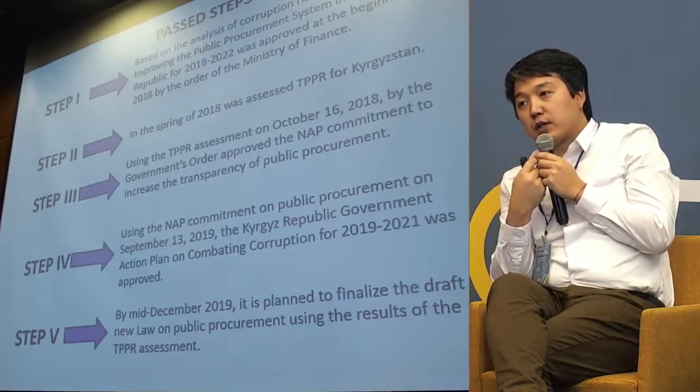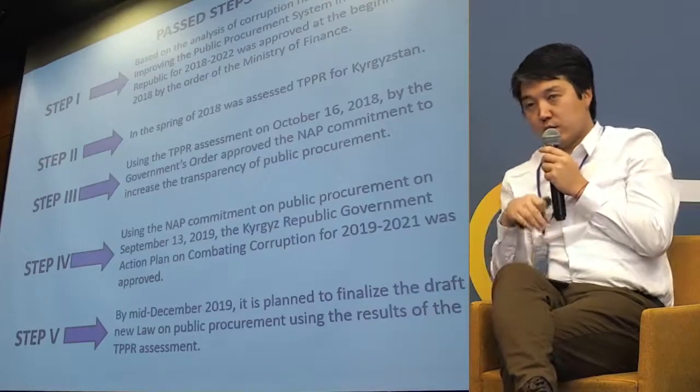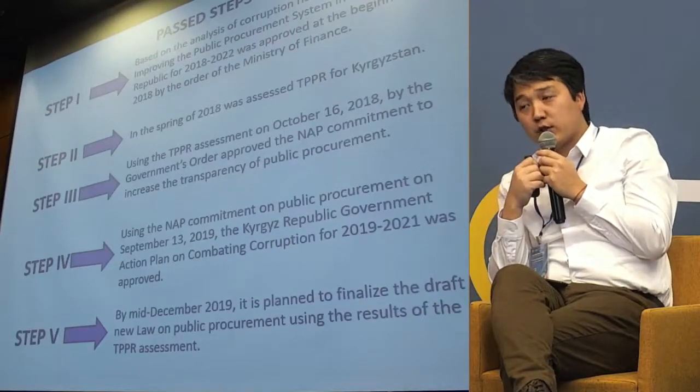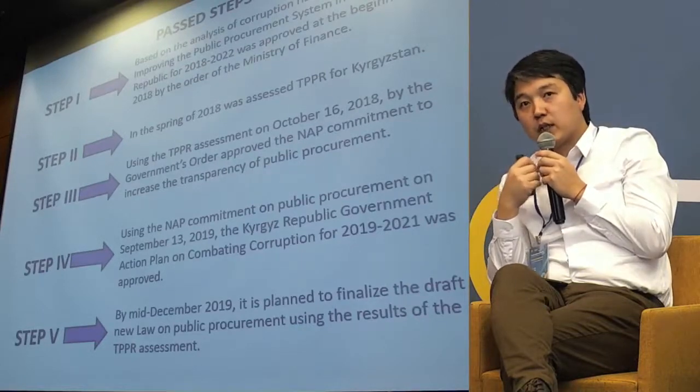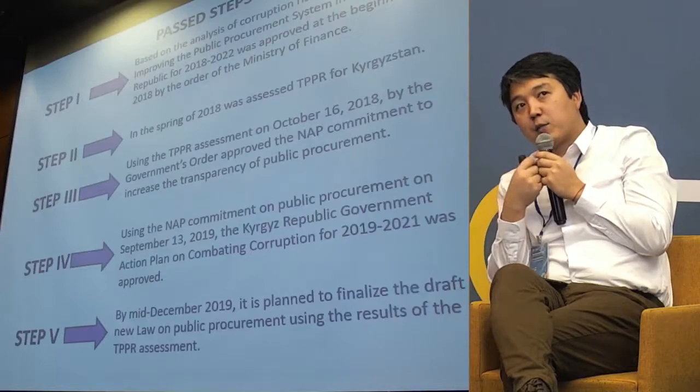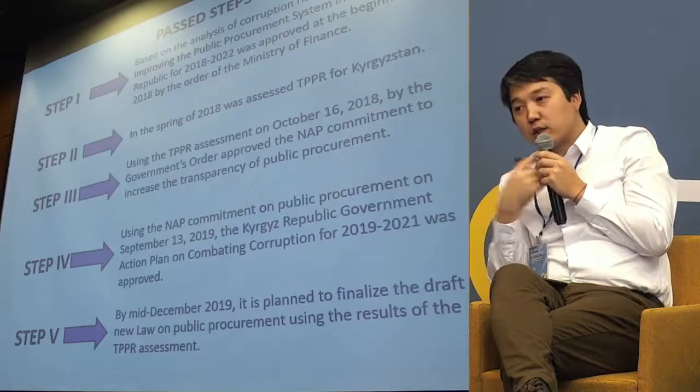So using the TPPR assessment, in October 2016 the national action plan within the Open Government Partnership was approved by government resolution. And we initiated a commitment to increase the transparency of public procurement. And we used the TPPR assessment.